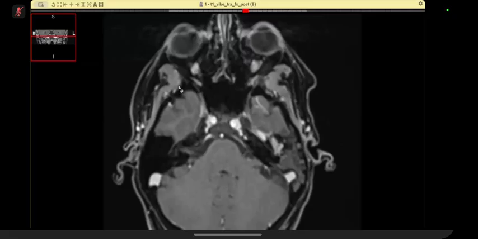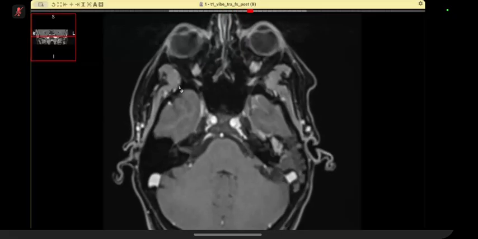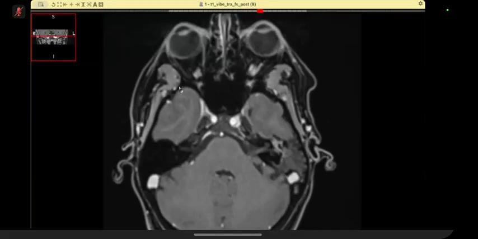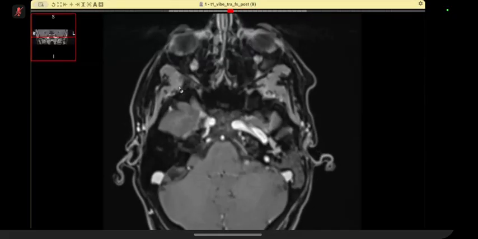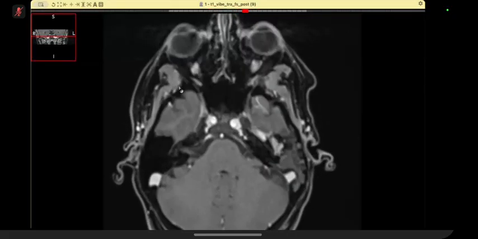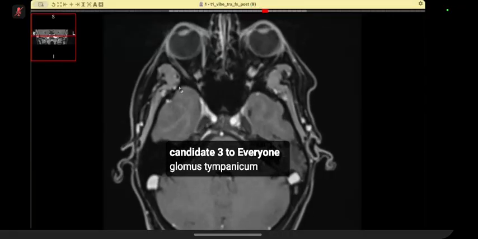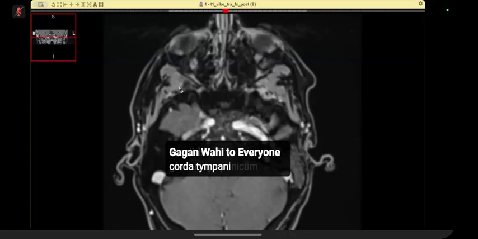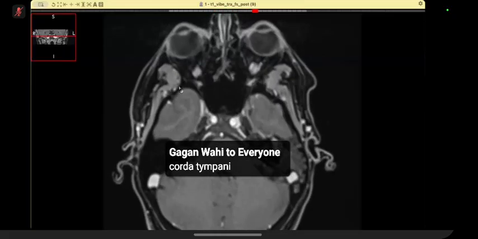This thing is filling up the whole of the cavity. But the cochlear nerve will also not be in the middle ear cavity. So yeah, this is the chorda tympani nerve.